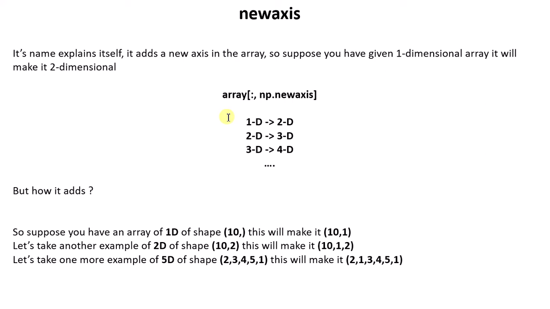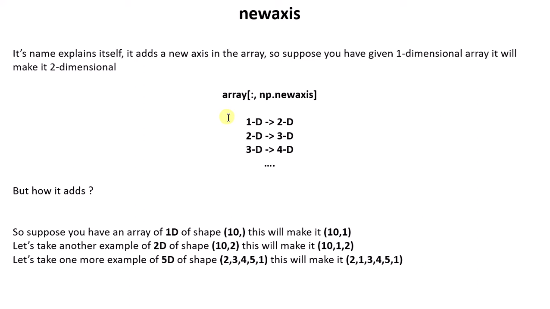In that case, it will make it 10 comma 1. If you have a two-dimensional array of shape 10 comma 2, it will make it 10 comma 1 comma 2. If you have a five-dimensional array of 2 comma 3 comma 4 comma 5 comma 1, it will simply add 1 in the second position of that tuple. So this is how it changes the shape of the array.